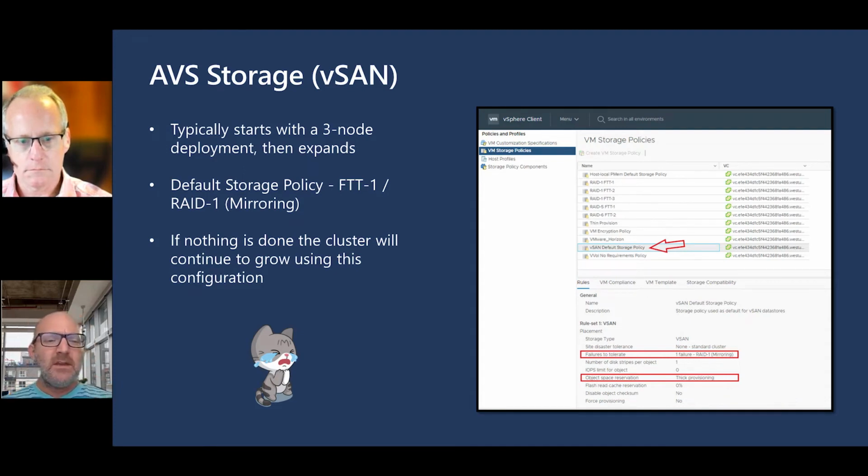So out of the gate with vSAN, the configuration has to be, because this is just the way vSAN operates, FTT=1 and RAID 1. So as John talked about, you're in this mirroring configuration. So in other words, you're in the most non-optimal, storage-expensive configuration you could possibly do on vSAN.